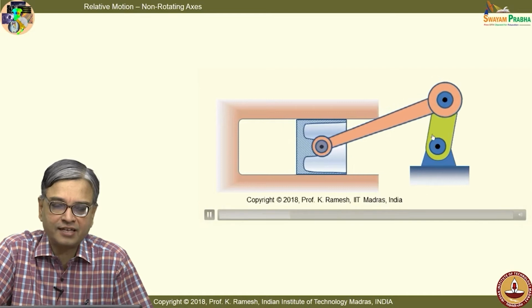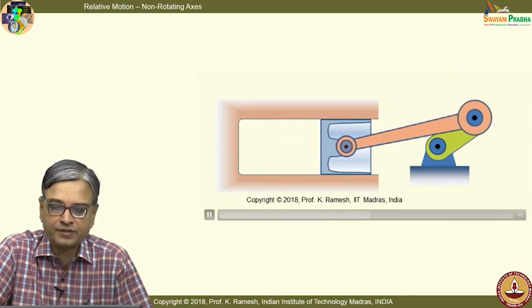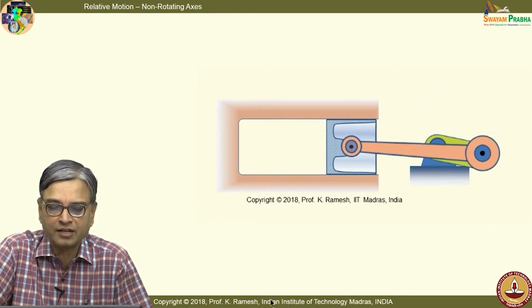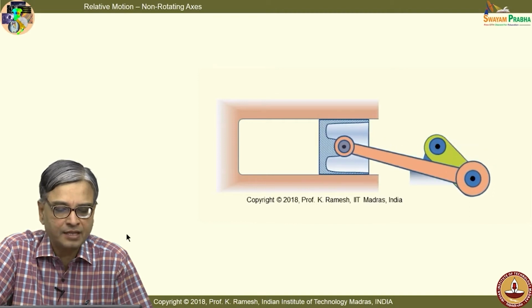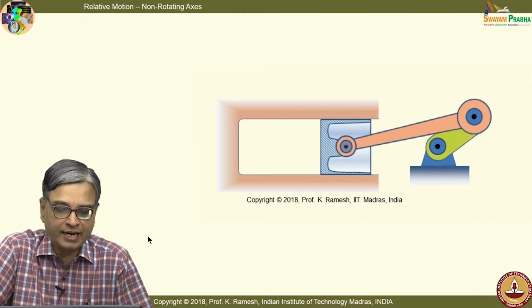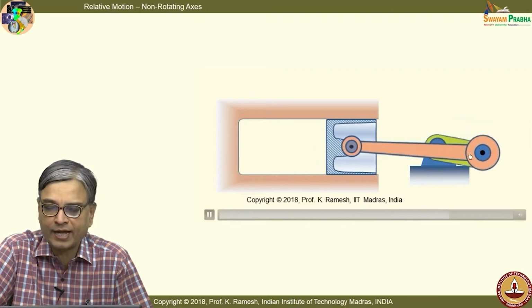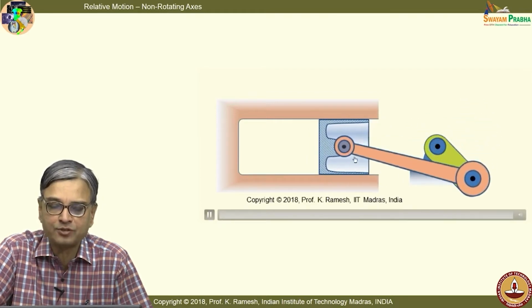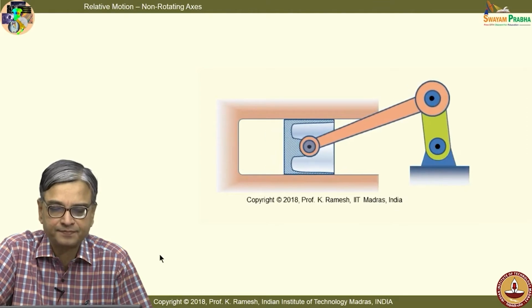Let us understand the motion of this. So, this is how the whole system operates. Now, we will go and individually analyze what happens to the crank, what happens to the connecting rod, and what happens to the piston.